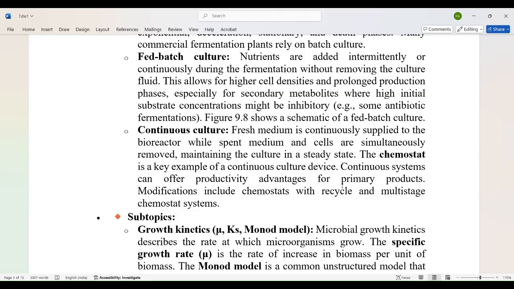If we compare this example with the case of continuous culture, what does it mean?